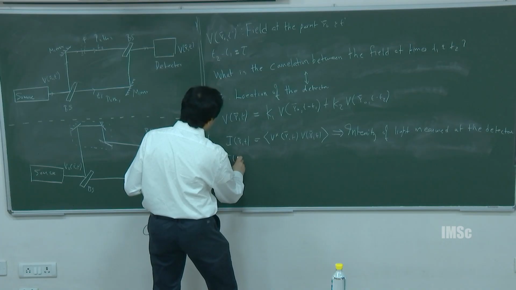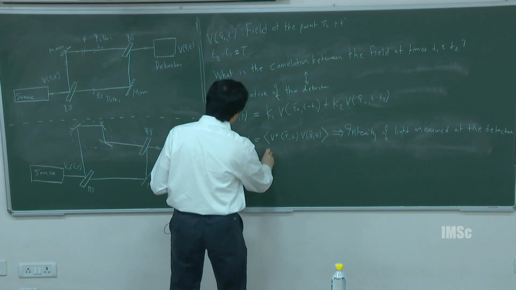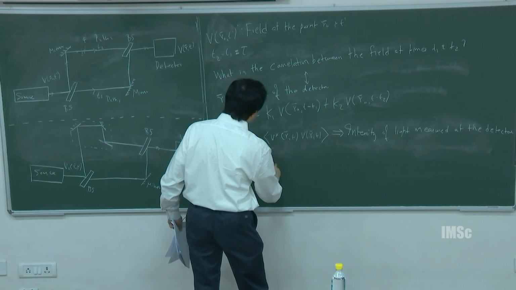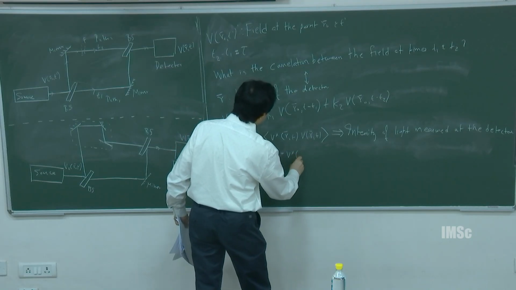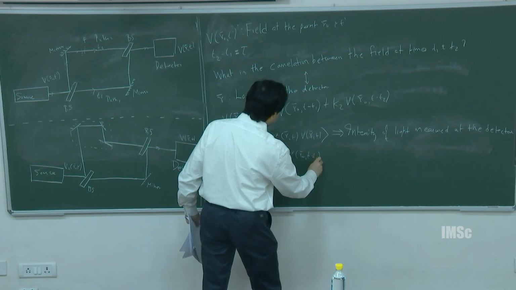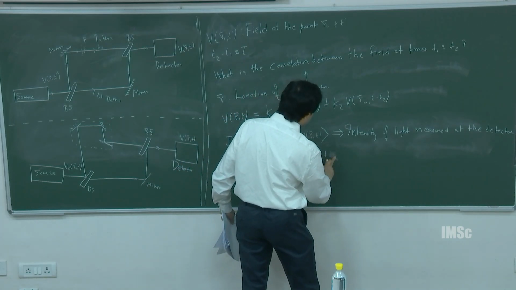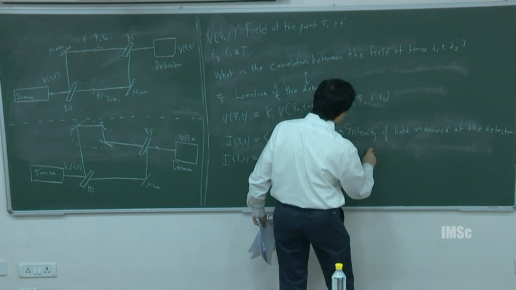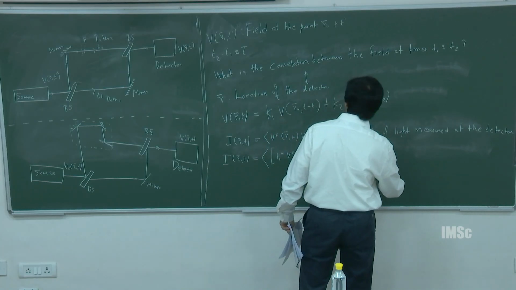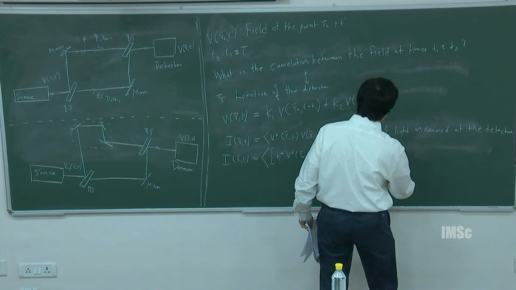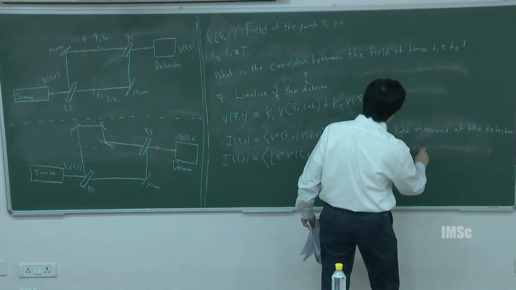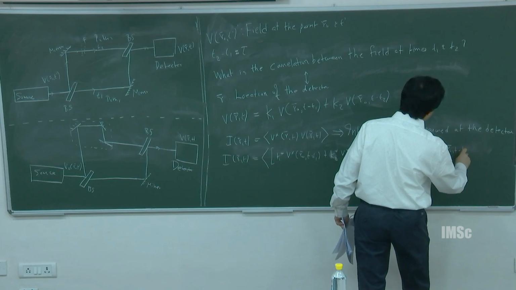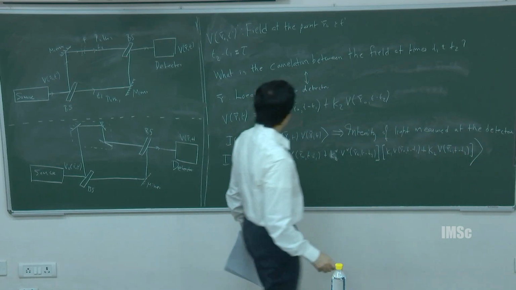So I of R, T is simply V conjugate times V. This is what it is.